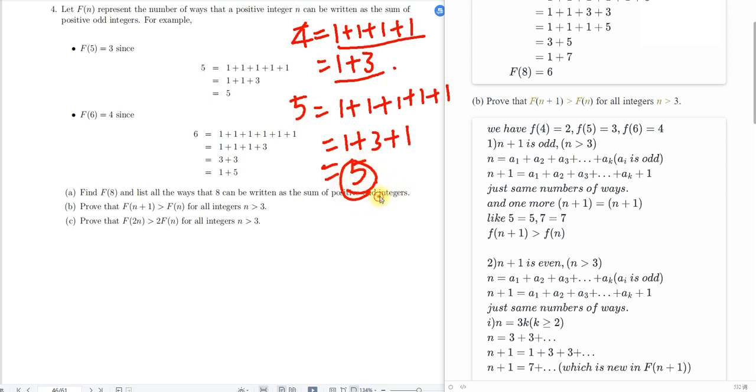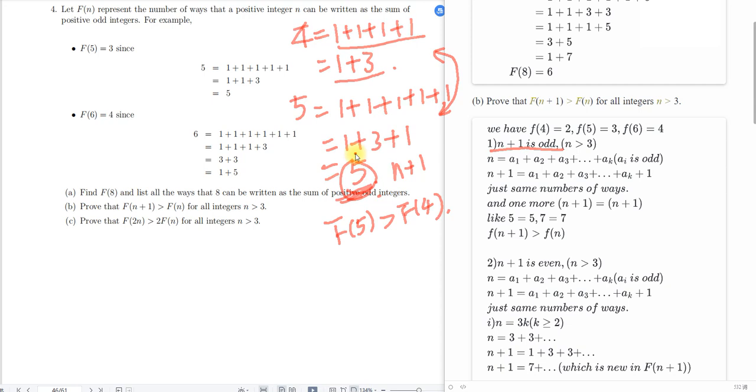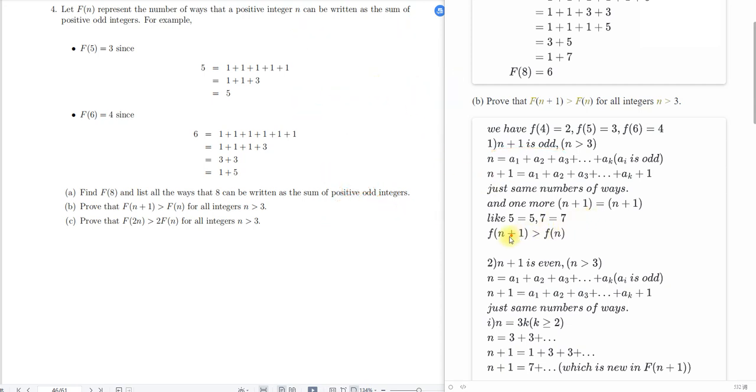So this one is new. They are the same ways, and this one is new, so it's greater. f(5) is greater than f(4), and for all n plus 1 odd, this will be satisfied. So f(n+1) is greater than f(n).